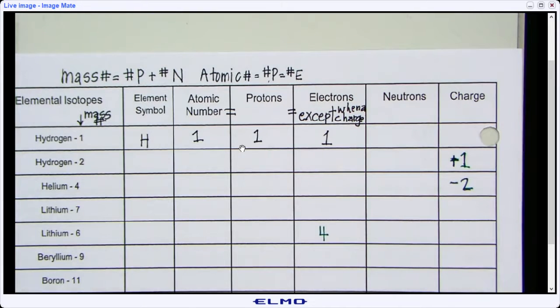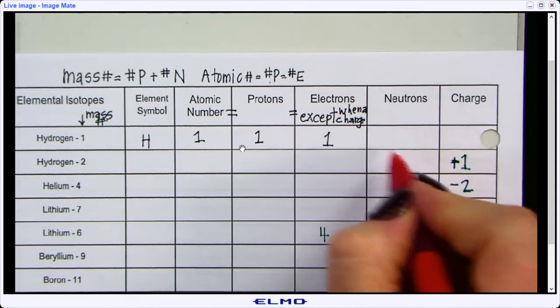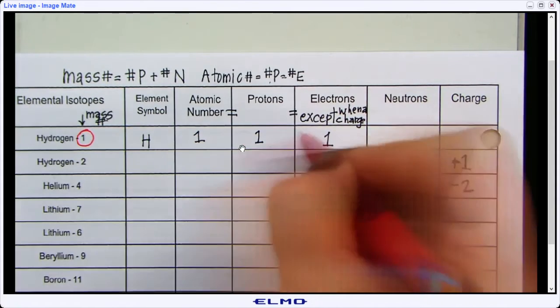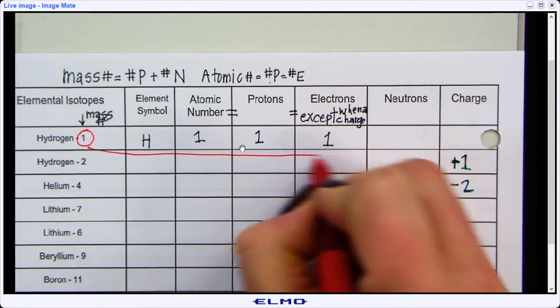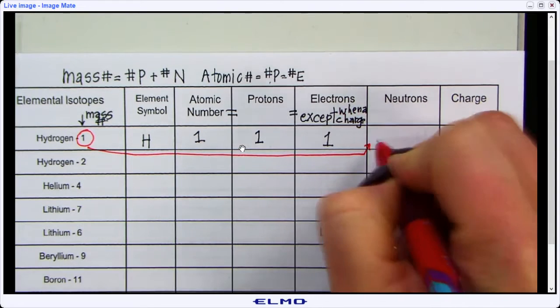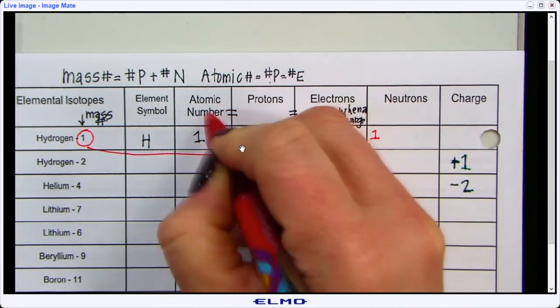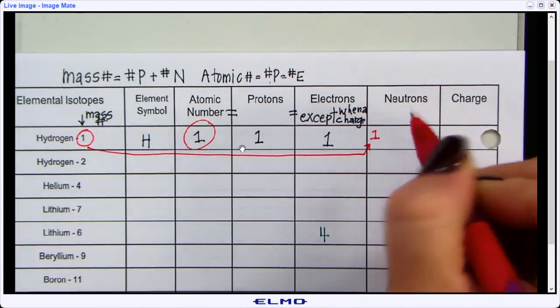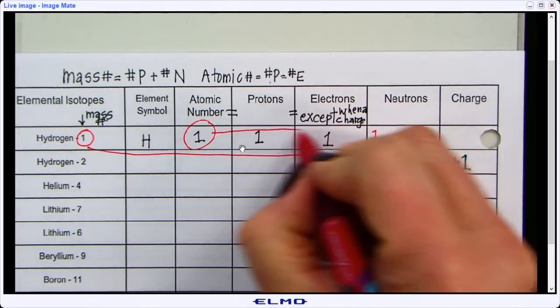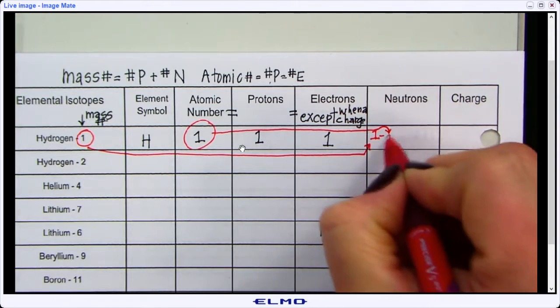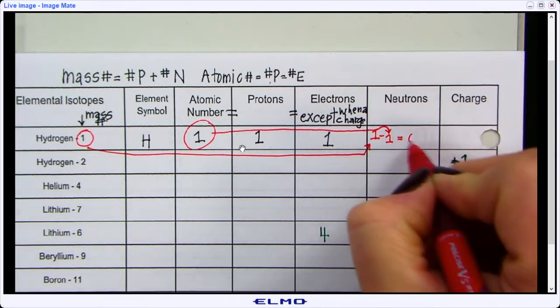So we rearrange that equation so that it's mass number, which is all the way over here. So it's mass number, which in this case is 1, minus the atomic number. So minus 1, that equals 0.